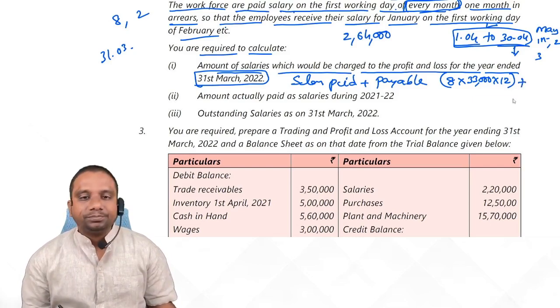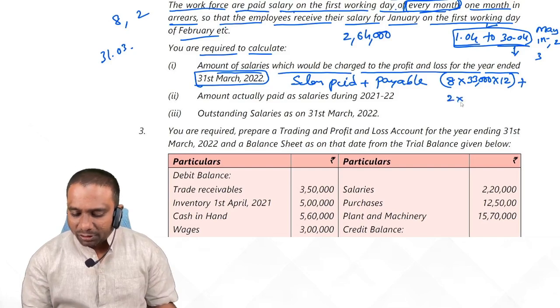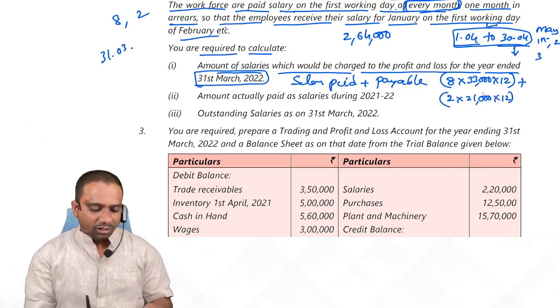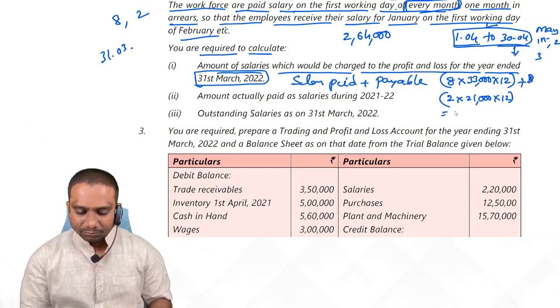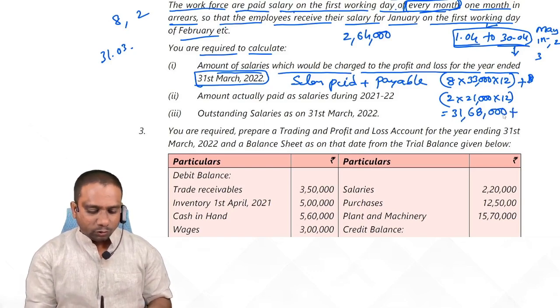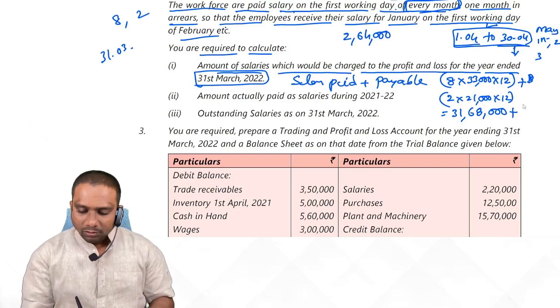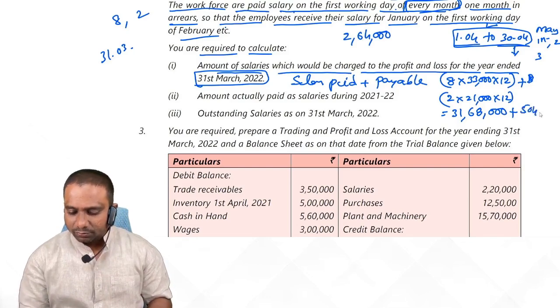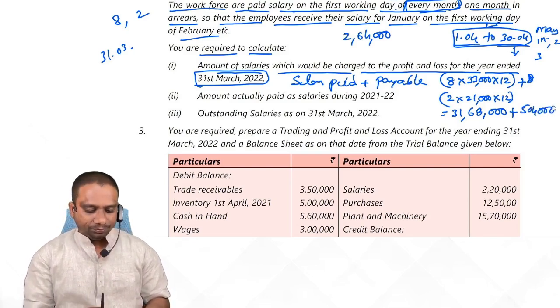So 8 employees into 33,000 into 12 months is 31,68,000, plus 2 employees into 21,000 into 12 months, which is 5,04,000.